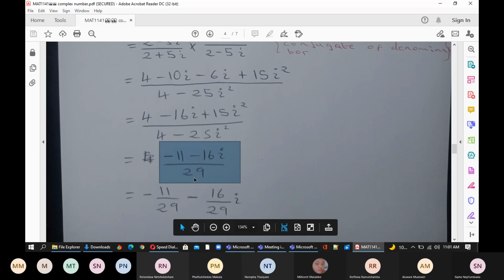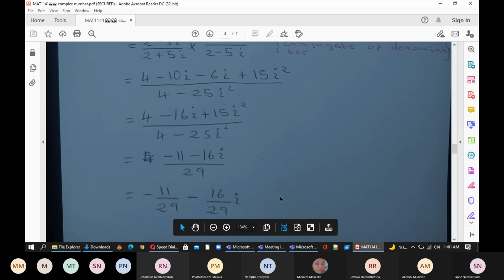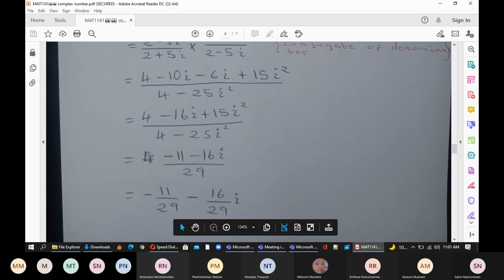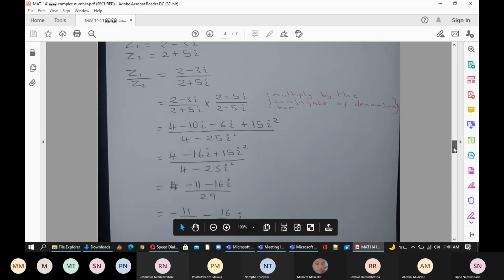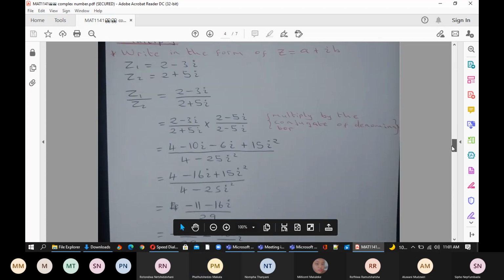Each and every number that is on the numerator is divided by this one on the denominator. We are separating them now. It's negative 11 over 29 minus 16 over 29. So this is what we call the form of what? Of this one.